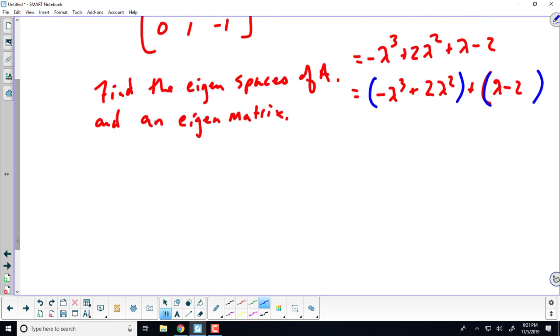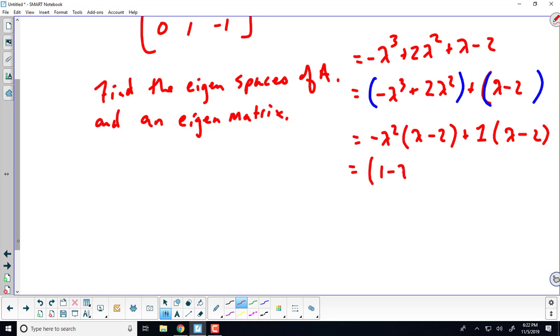I can factor out a minus lambda squared from this first grouping. That leaves me with lambda minus 2, plus, in a way, factoring out a 1 from that second grouping. So that gives us 1 minus lambda squared times lambda minus 2. So we get 1 minus lambda times 1 plus lambda times lambda minus 2.